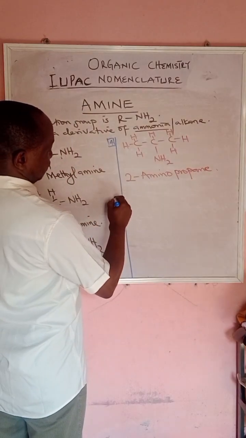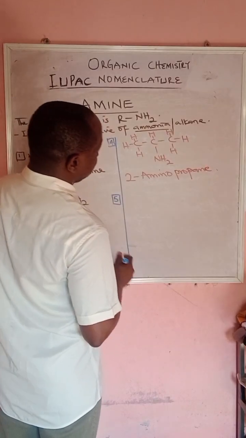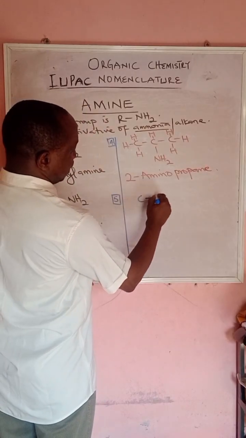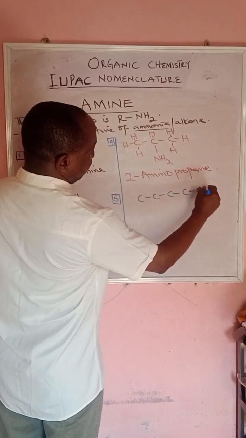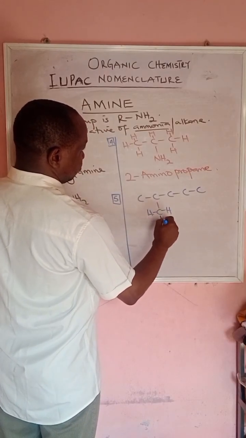Number 5. Let's say you have 1, 2, 3, 4, 5. You have methyl here. You have methyl here. You have NH2 here.